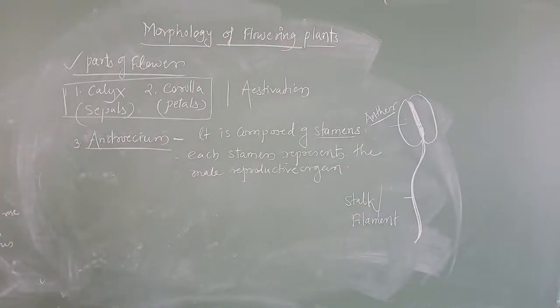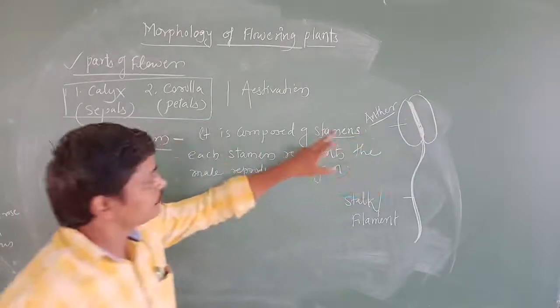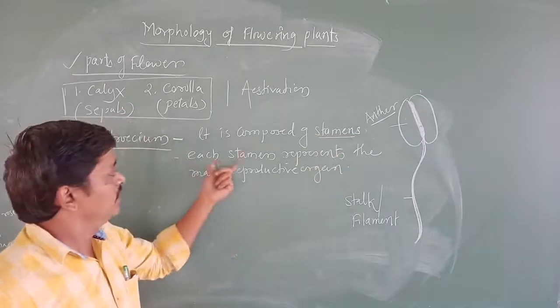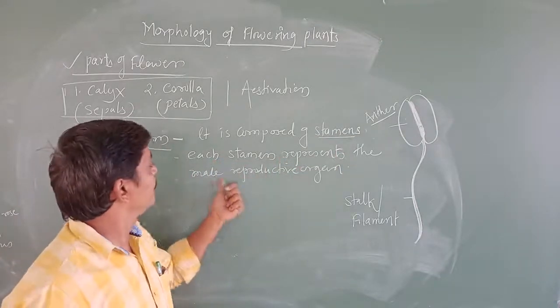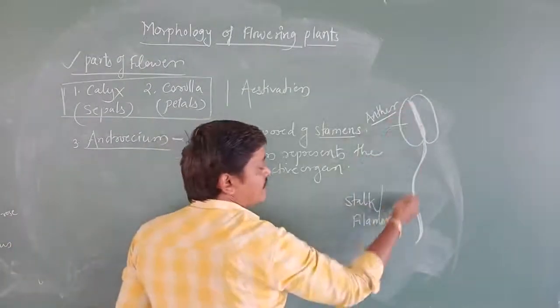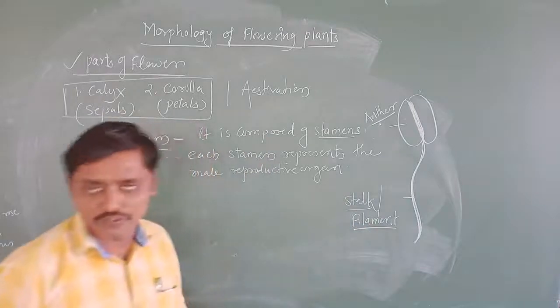Now I am going to explain these parts. Each stamen represents the male reproductive organ of a flower, and it consists of a stalk or filament and an anther.